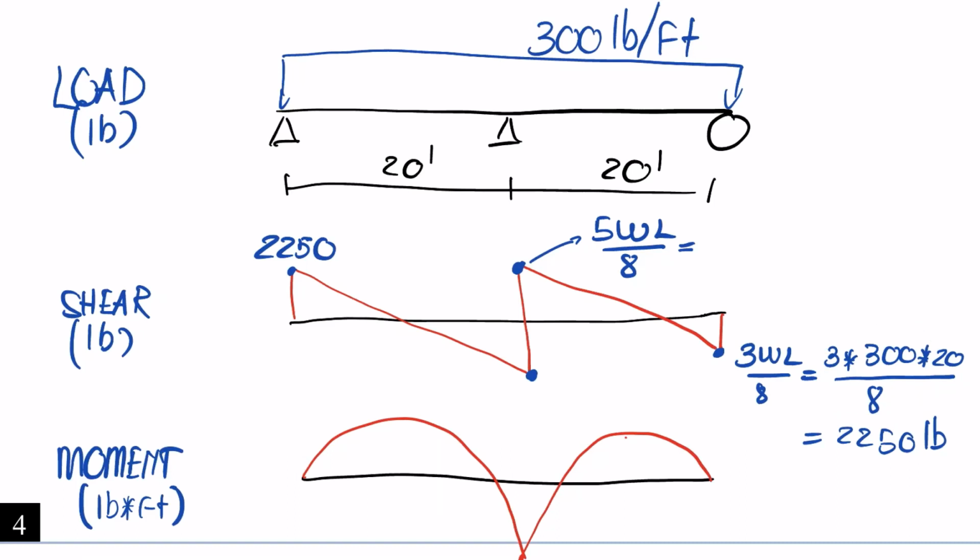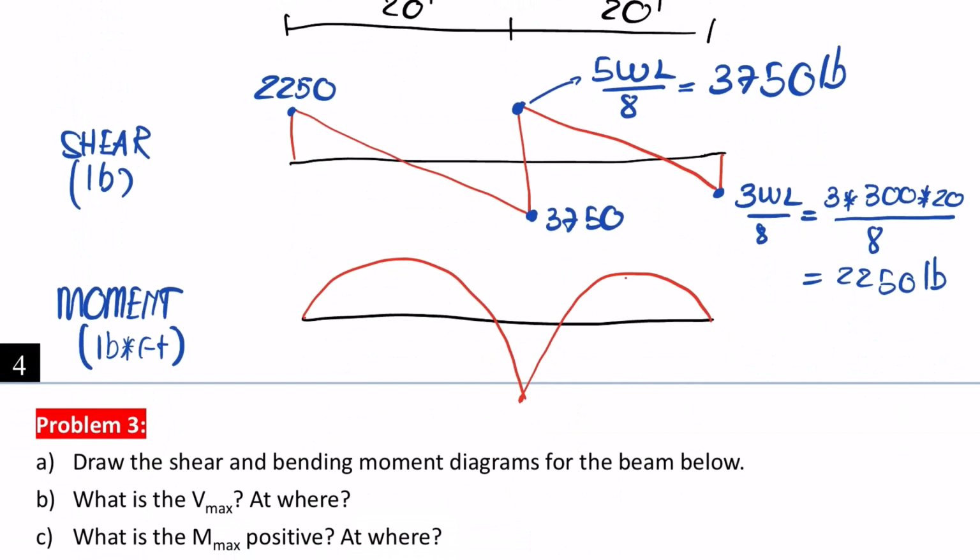Just plug in 5 multiplied by W, which is 300, multiplied by L, which is 20, divided by 8. I will have 3750 pound. And this one also 3750.